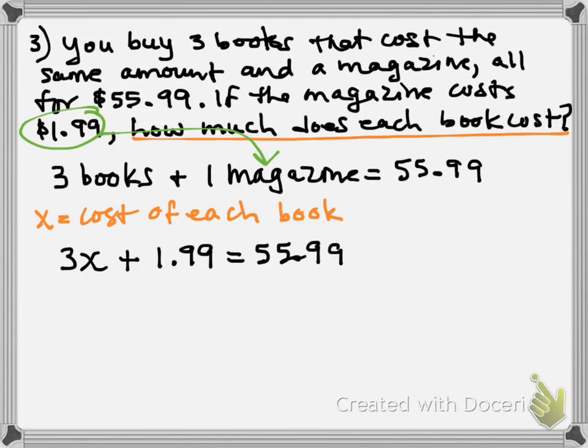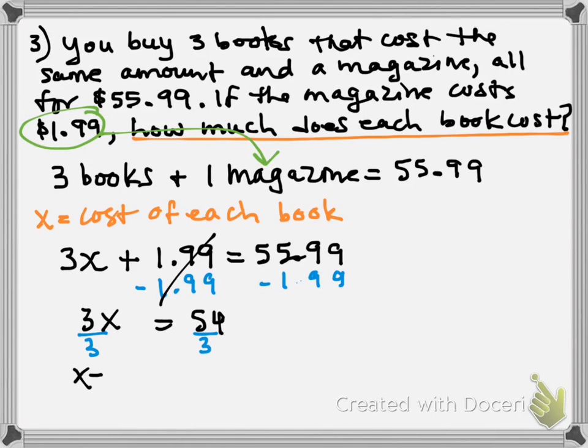First thing we do is deal with the constant. So I'm going to subtract 1.99 from both sides. That gives me 3x. These guys, again, cancel out. On this side, I have $54. Then I'm going to divide both sides by 3.